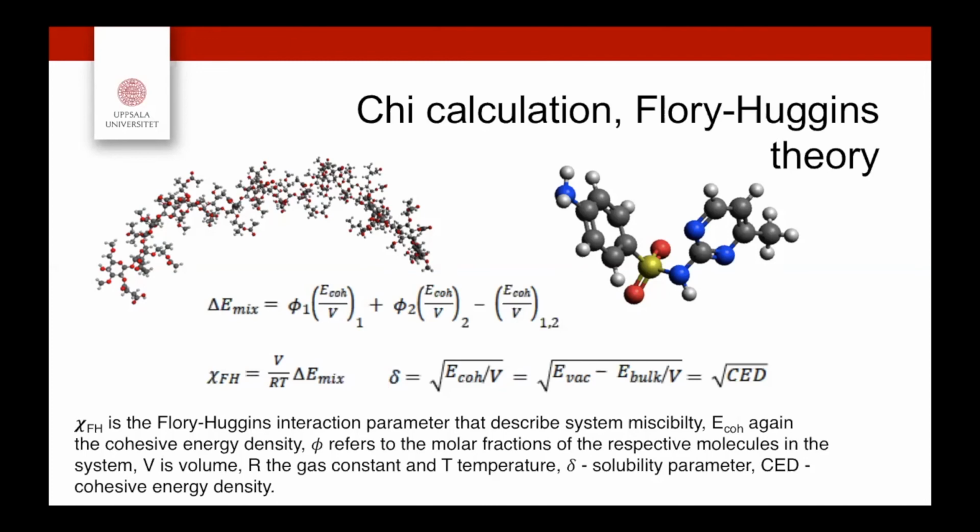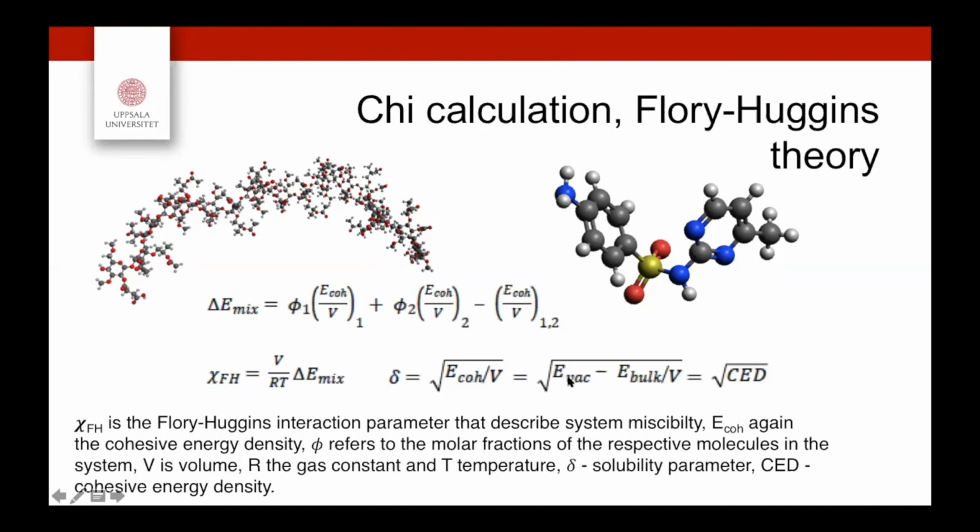So basically, by just some arithmetical operations, we find out the change of the energy that comes when we put all the molecules together. And this characterizes the miscibility. In few words, this is how I could say that.